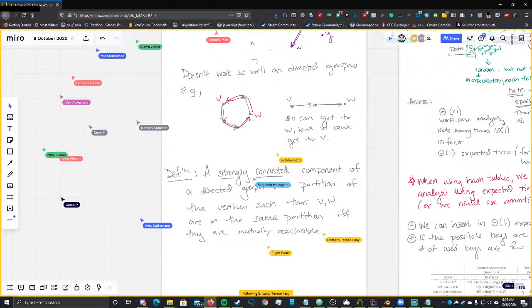Okay, so this kind of one-sided condition works with directed graphs because we can go backwards, but not with undirected graphs.